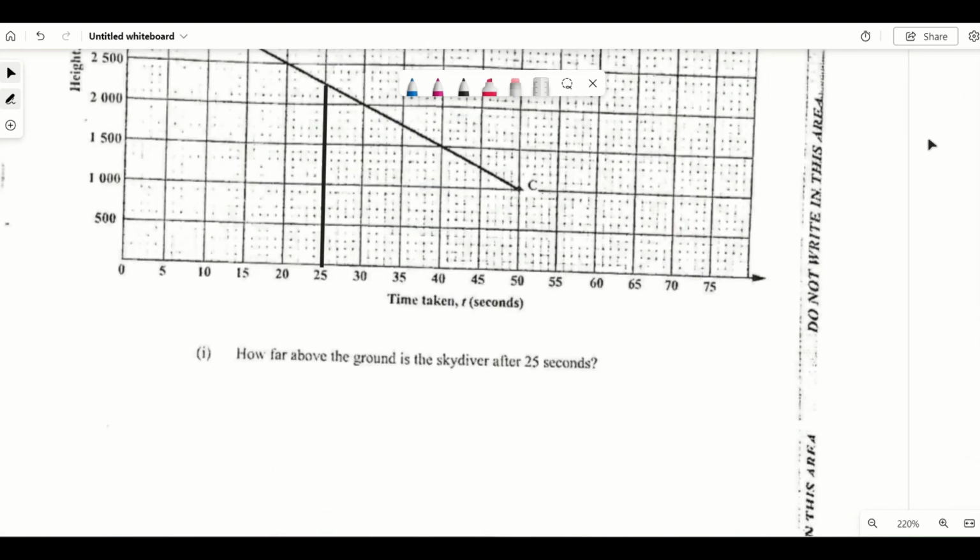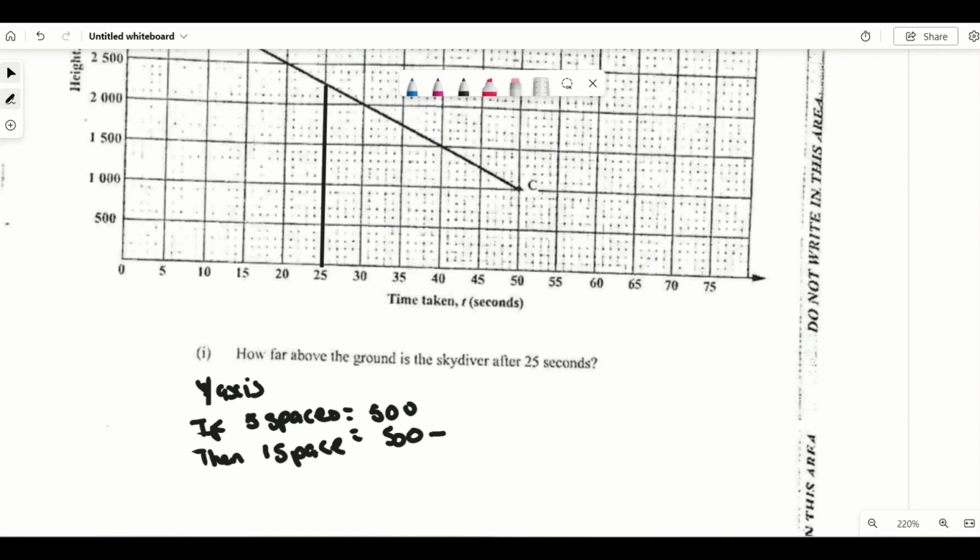So we're going to use our if, then, and therefore. So if, this is for your y-axis, if 5 spaces is equal to 500. How I got that: if you look from 0 to 500 is 5 tiny spaces. Then one space would be 500 divided by 5, which is 100.